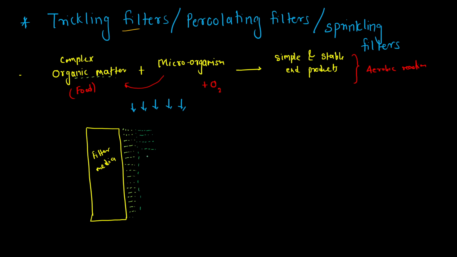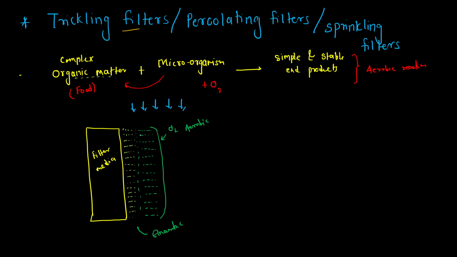Okay. But if you look carefully now, this outside portion is in contact with oxygen. That means it is under aerobic condition, and the inside portion is under anaerobic condition.